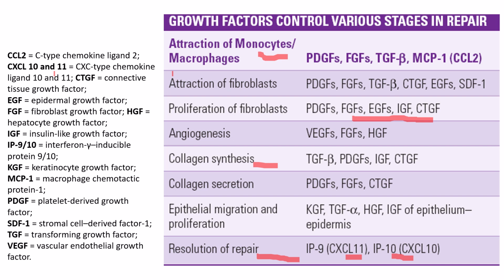In this table, it is shown that there is overlapping of the role by many growth factors such as PDGF, FGF, and transforming growth factor, which play multiple stage roles. They drive both the recruitment and proliferation of the fibroblast, which are central to the tissue repair. They also support collagen synthesis and secretion, which form the extracellular matrix scaffolding.